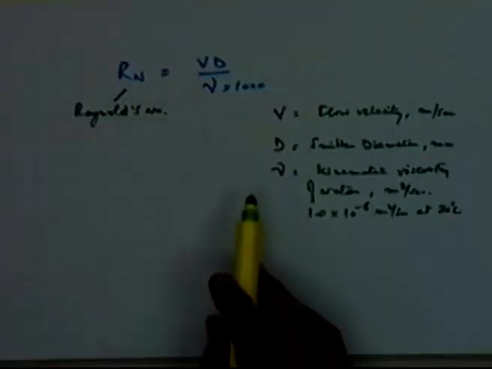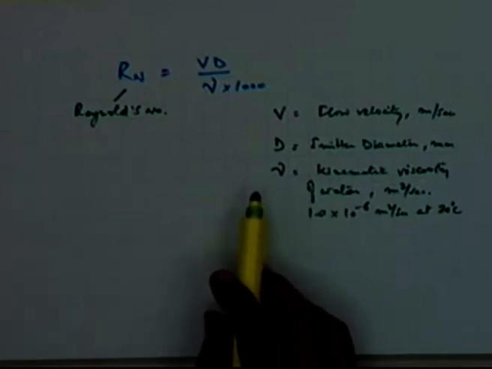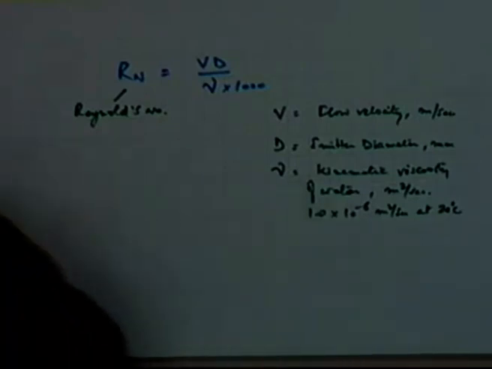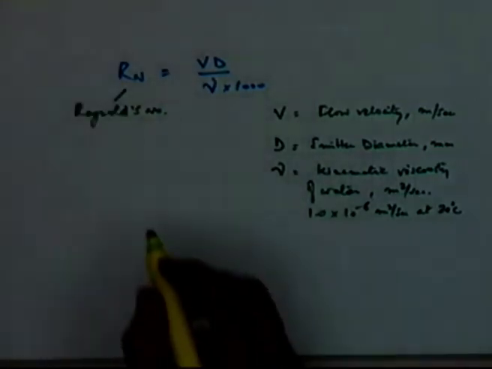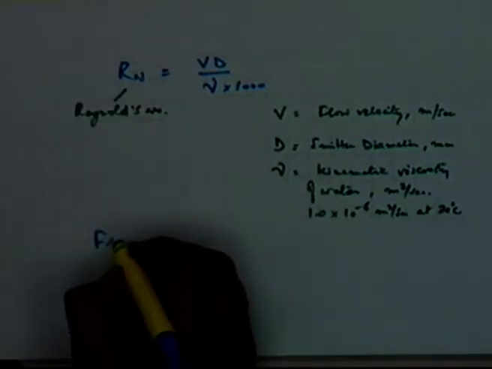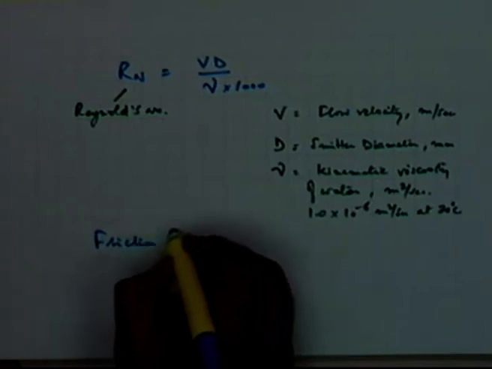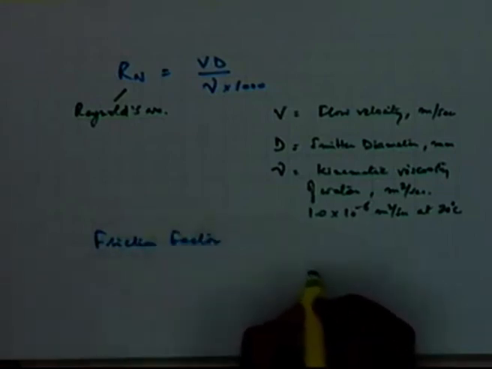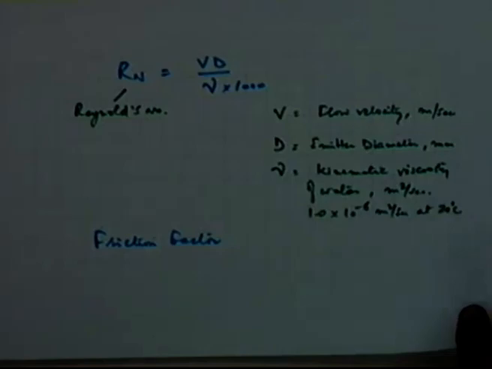Now this Reynolds number, you might have seen the Moody diagram, which gives a relationship between the Reynolds number and the friction factor, because basically we are interested in how this friction factor changes with respect to the regime of the flow.